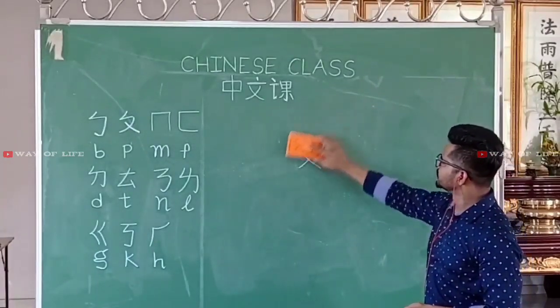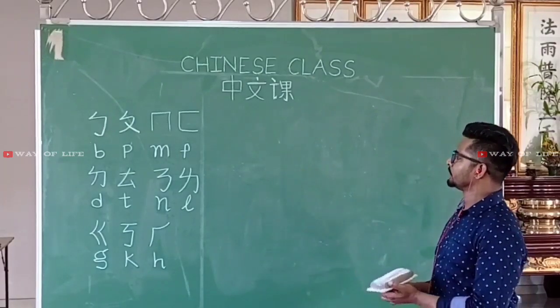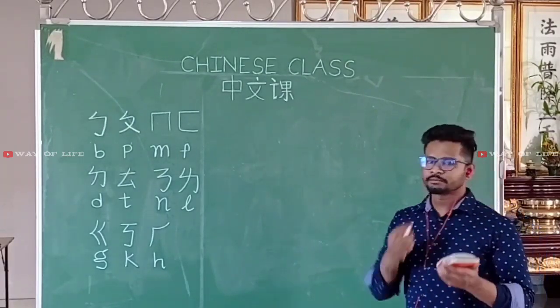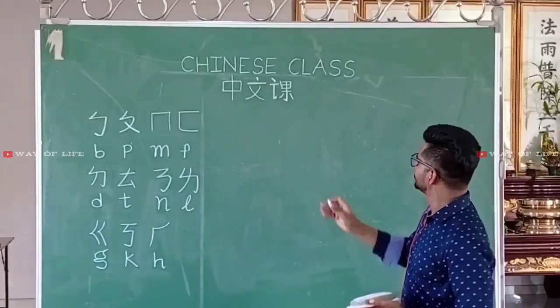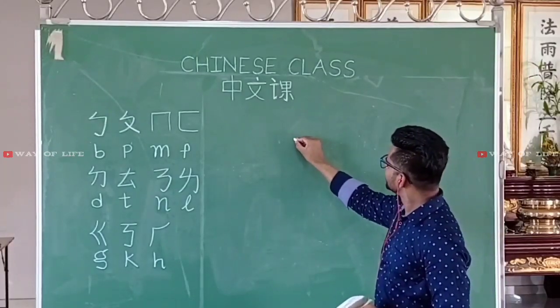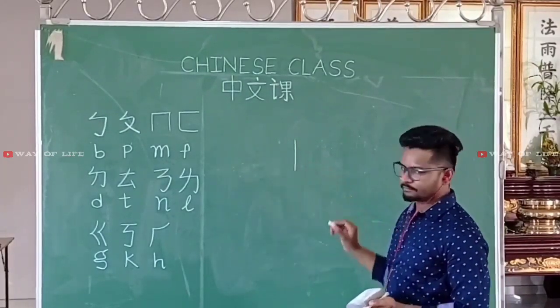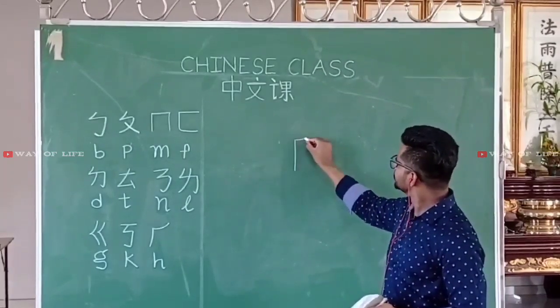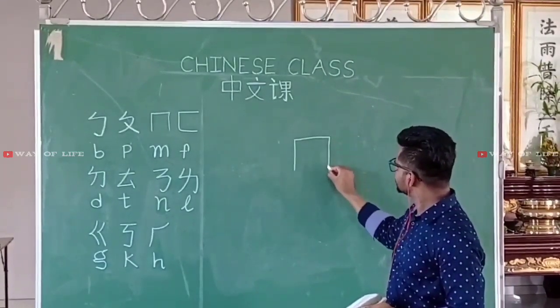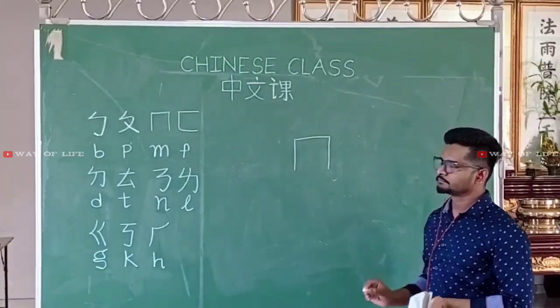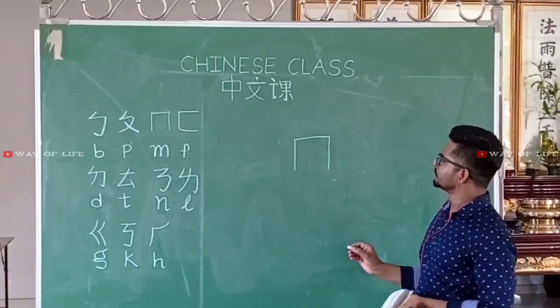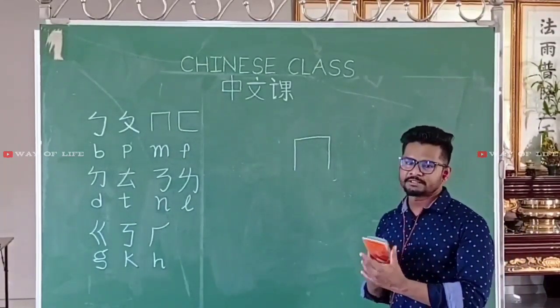Let's move to the third alphabet, which is M. It is very simple. 1, 2, 3. Isn't it very easy?